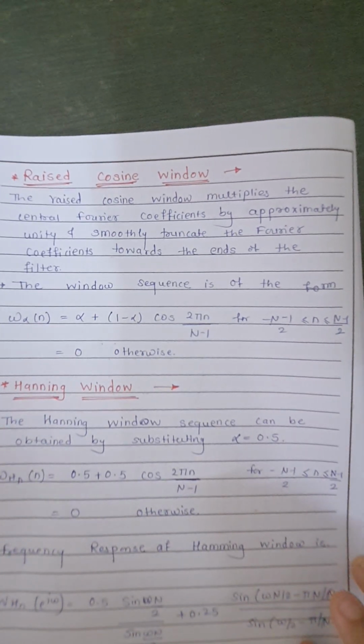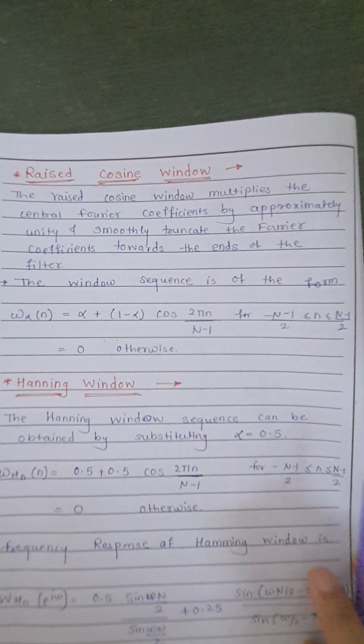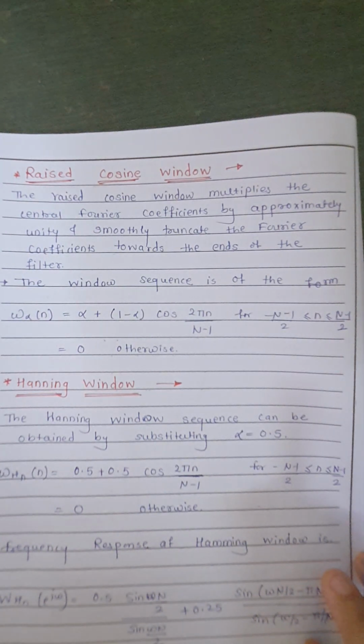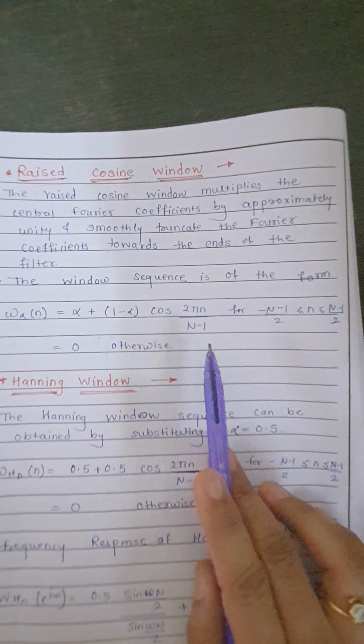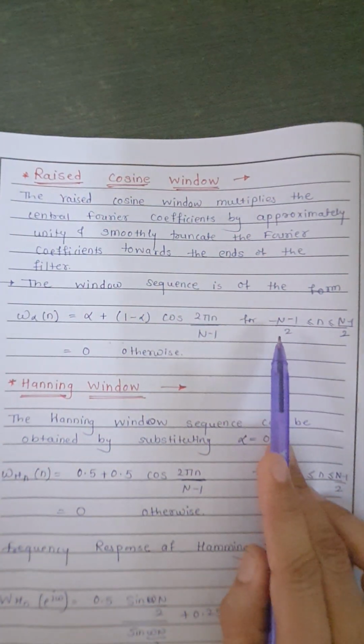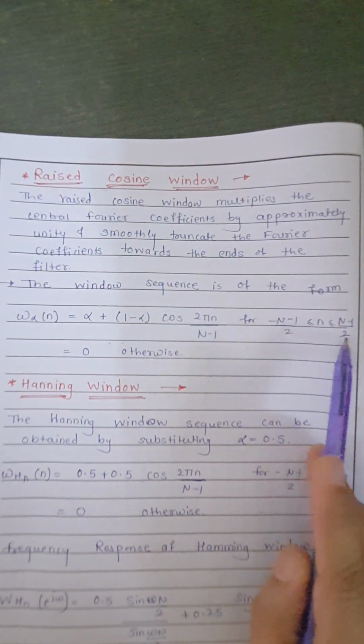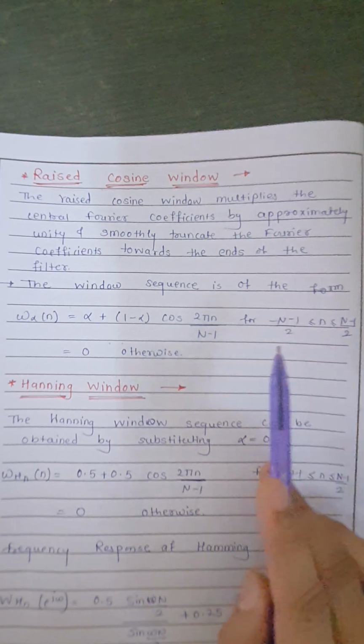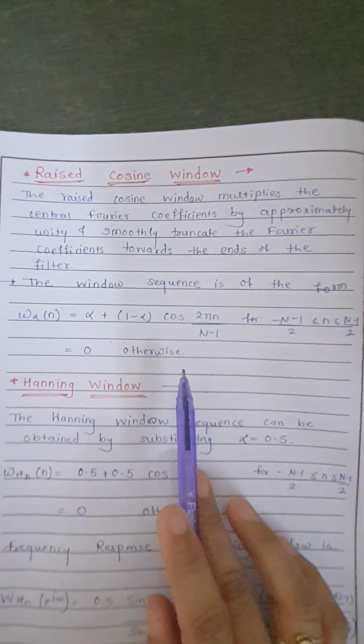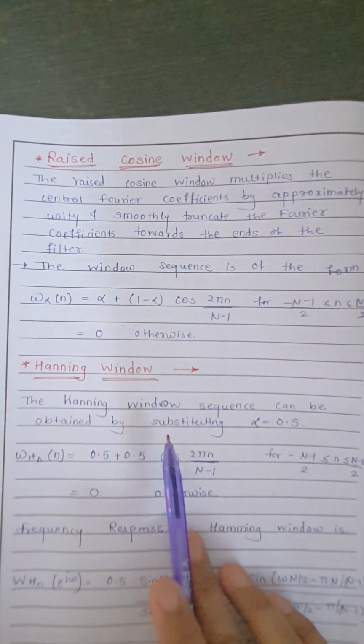The window sequence is of the form W alpha of n is equal to alpha plus (1 minus alpha) cos of 2 pi n divided by N minus 1, for n between minus (N minus 1) divided by 2 to plus (N minus 1) divided by 2, and it is equal to 0 otherwise.